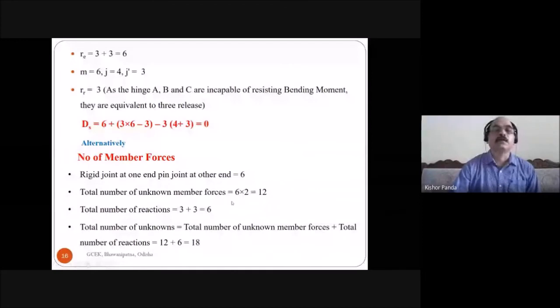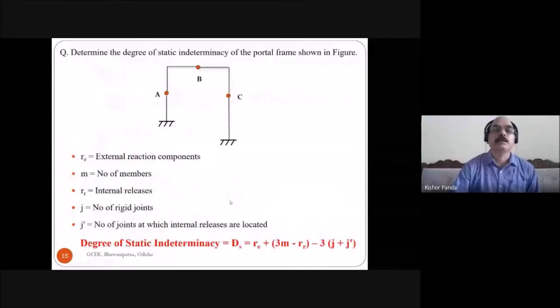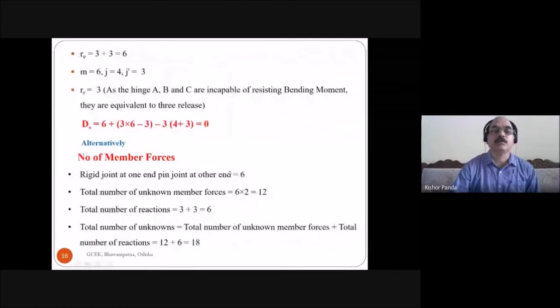And the total number of reactions is here 3 reactions, here 3 reactions. So the total number of reaction components is 3 plus 3, 6. Then the total number of unknowns is equal to total number of unknown member forces plus total number of reactions. So this is 12 plus this is 6, 18. Total number of unknown forces is equal to 18.